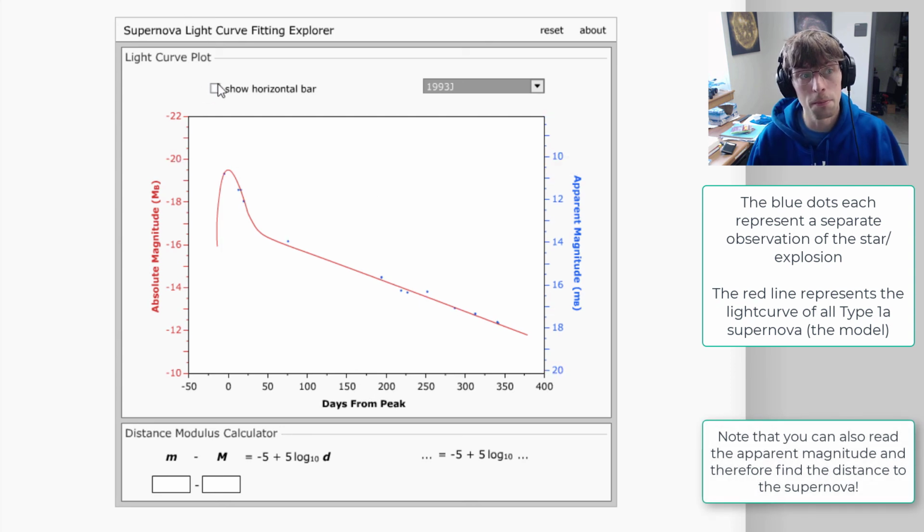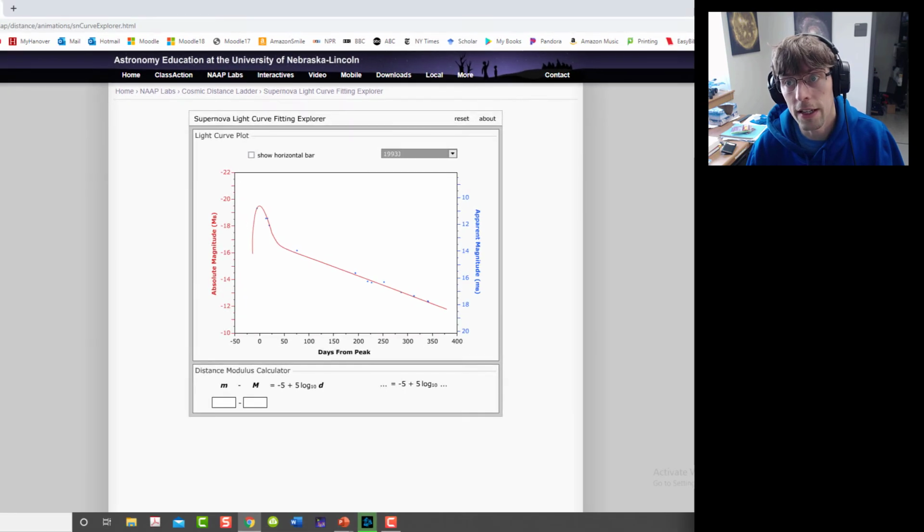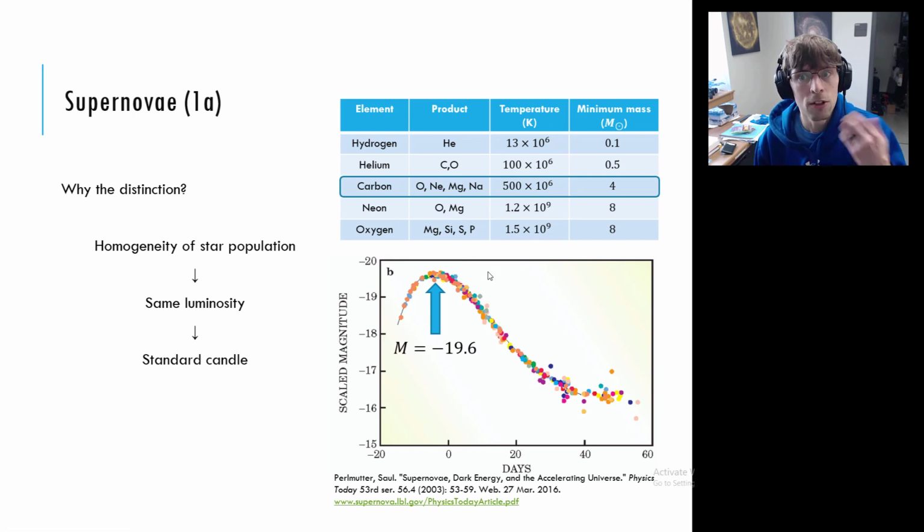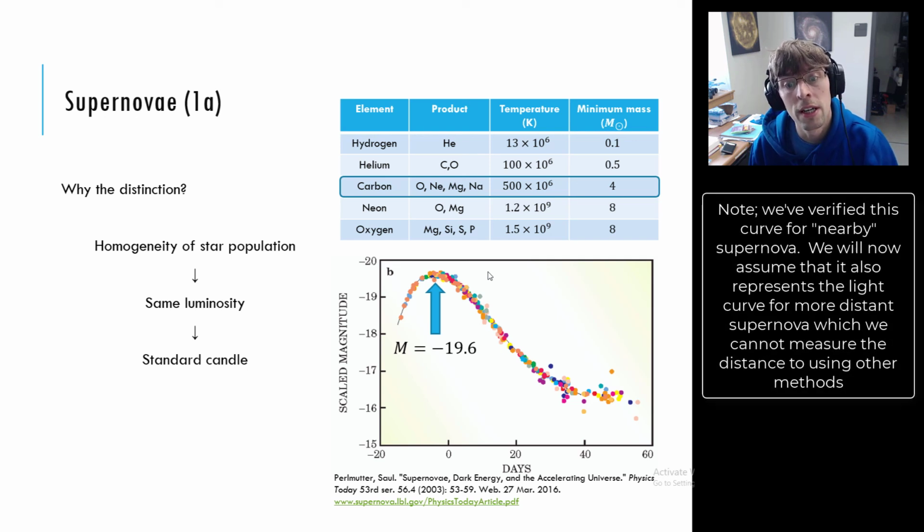So that's the general byline, is that if you see the explosion, you can get an idea about its peak brightness. Okay. If you see a type 1A. So you have to see, does it have a silicon absorption line? Yes. Okay, then it was a type 1A explosion. And because it's a type 1A explosion, it will have this nice shape.